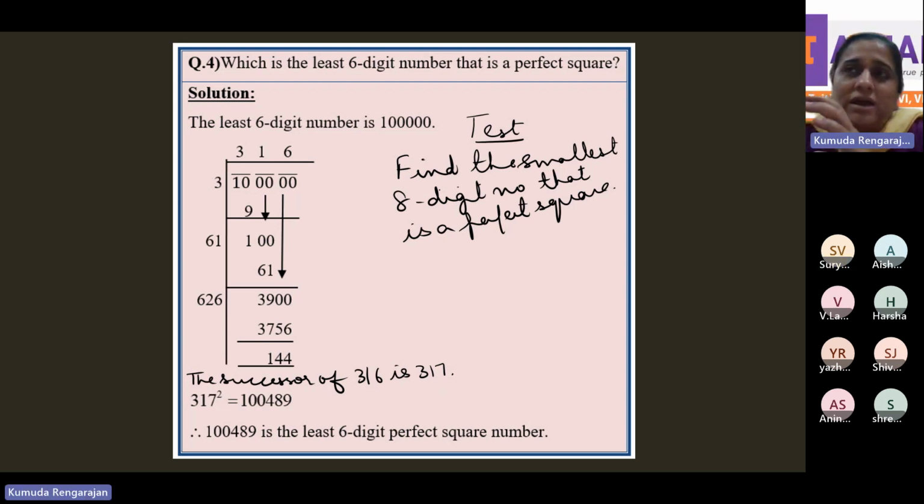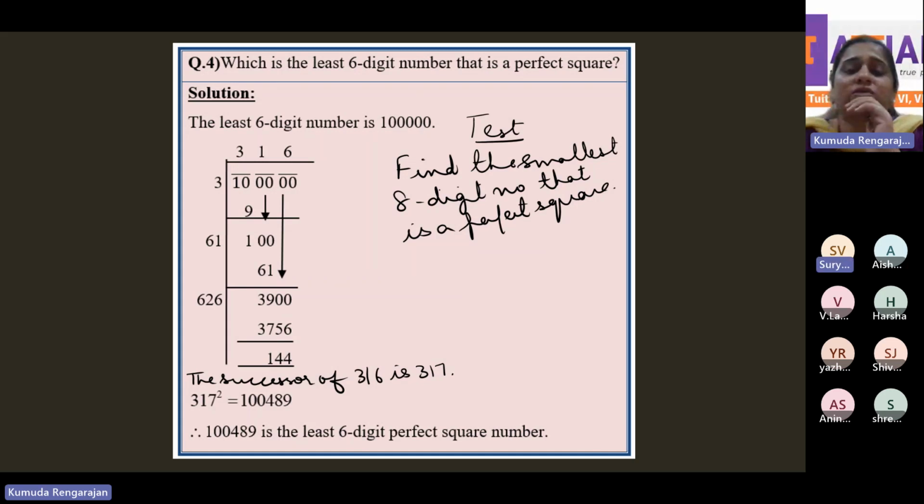It's a procedure, and you are questioning the procedure now. Is the procedure giving you the result? I think so, yes. The procedure is giving you the result. So you need to remember the procedure.